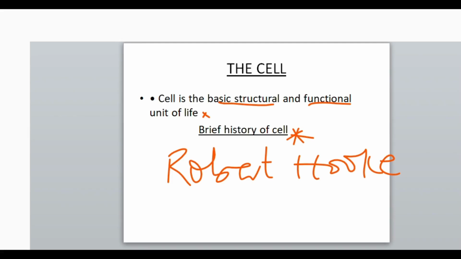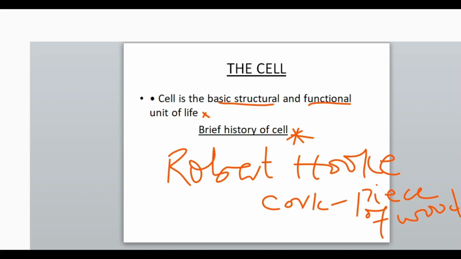Cork is a piece of wood. He discovered that it was made up of a great many little boxes.